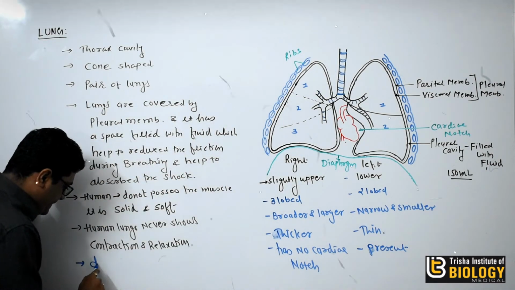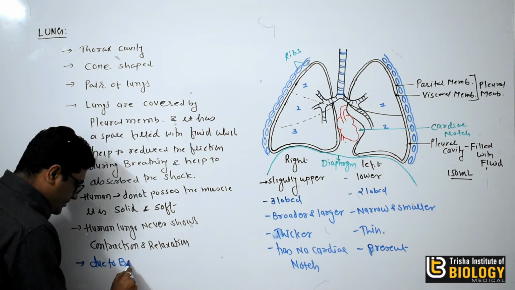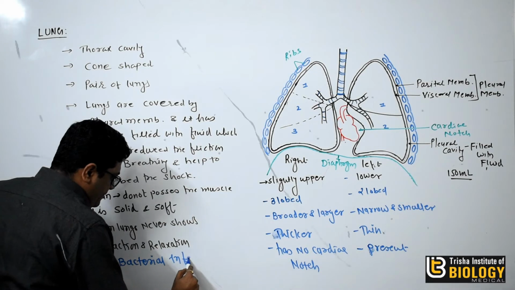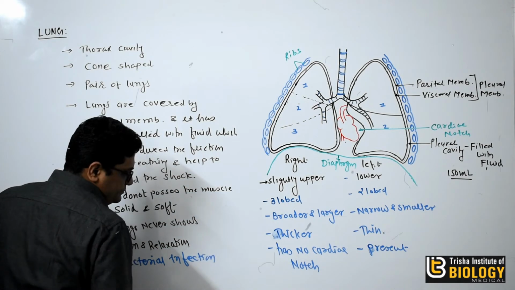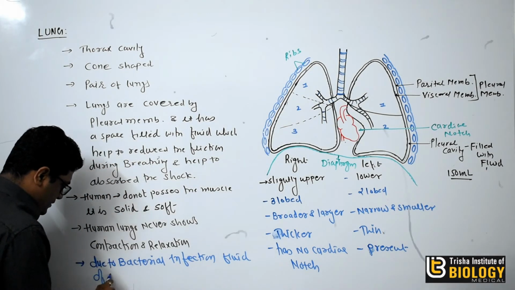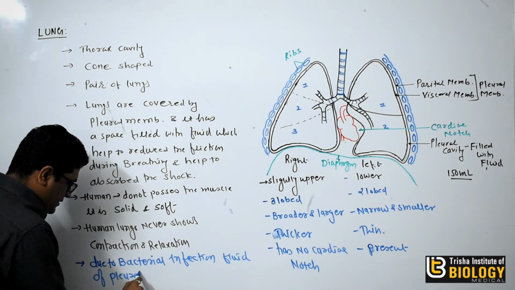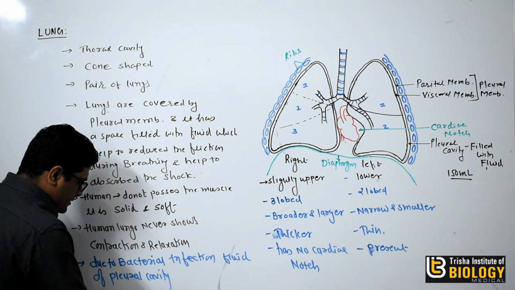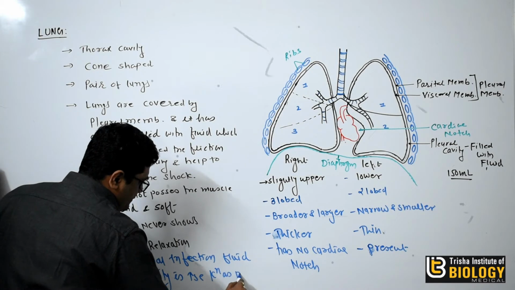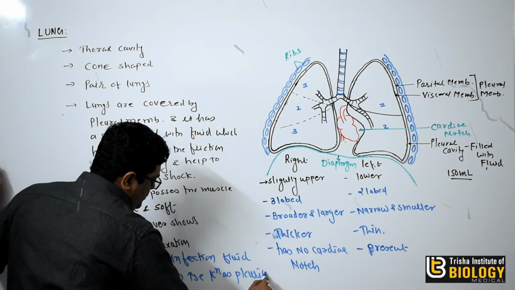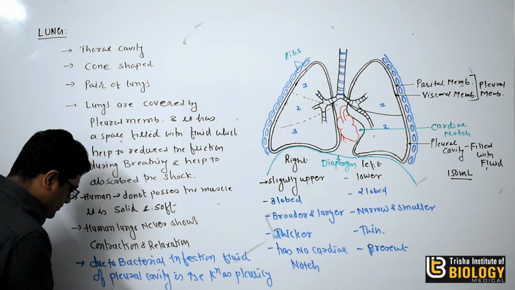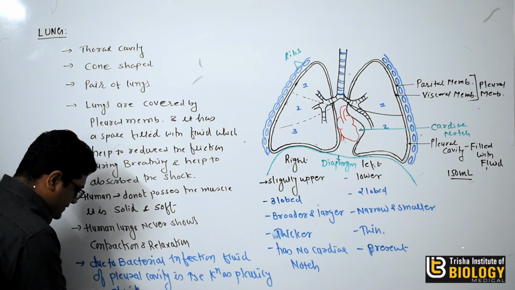So due to bacterial infection, the fluid of the pleural cavity is increased, known as pleurisy or pleuritis.